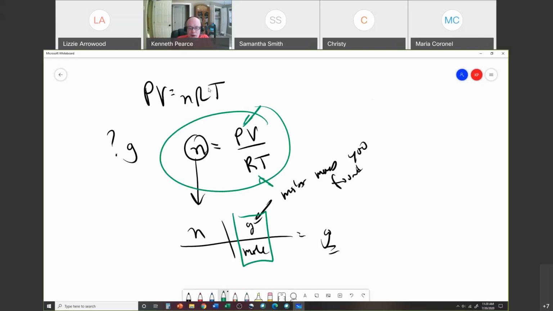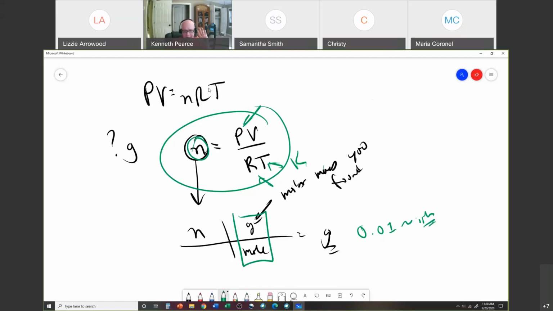Just make sure you're using the right R. Either 0.0821 liters atmospheres per moles Kelvin, or you can use 62.4 liters millimeters mercury per moles Kelvin. And of course, make sure you're using Kelvin, right? Temperature, and you just solve for n and use your molar mass of whatever you found out, and you should end up with somewhere around 0.0 ish.